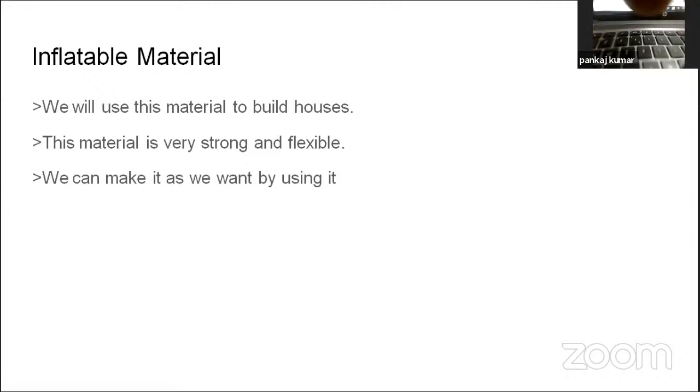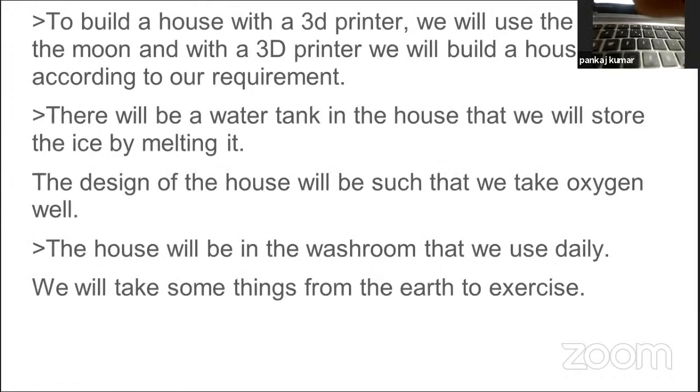Inflatable material, we will use the material to build a house. Inflatable material से हम घर भी बनाने की कोशिश करेंगे। ये बहुत ही मजबूत फ्लेक्सिबल मटेरियल होता है जिसको हम जैसे चाहे वैसे स्टोर भी कर सकते हैं और इजी टू कहीं भी लेकर जा सकते हैं। This material is very strong and flexible. हम जैसा चाहे इसे वैसा बना सकते हैं। To build a house with a 3D printer, we will use the clay of the Moon.